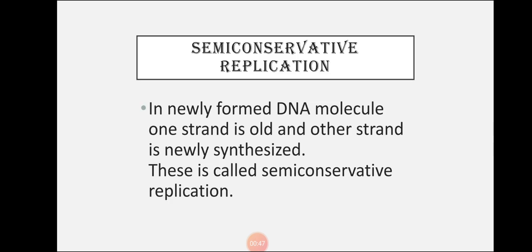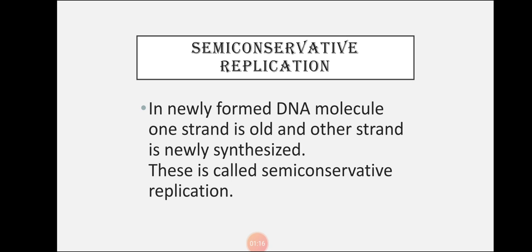Let me revise. What do we mean by semi-conservative replication? In a newly formed DNA molecule, one strand is old and the other strand is newly synthesized. This is called semi-conservative replication. After the process of replication, one strand is new and the other strand is old.